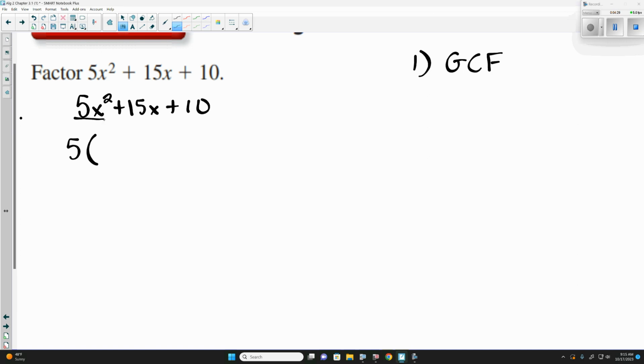So if we divide 5x squared by 5, we just have x squared plus 3x, because 15x divided by 5 would be 3x. And 10 would be 2. So we get 5 times x squared plus 3x plus 2.